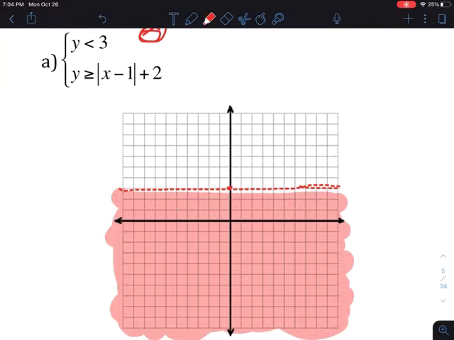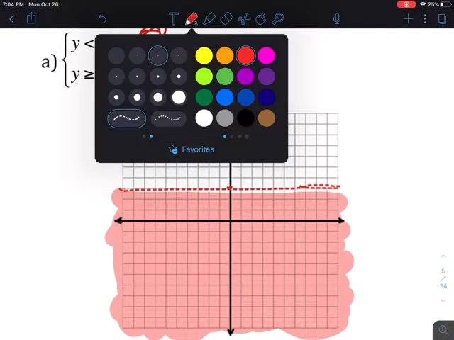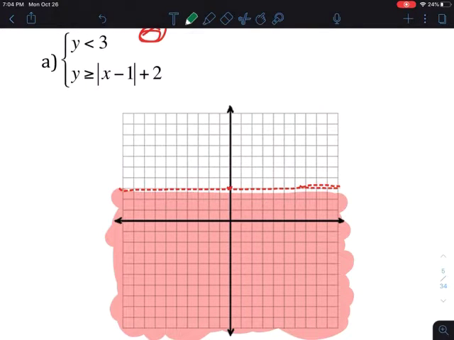Okay, so the next one I'll do in green. We got an absolute value. Remember that will form a V. So the h is 1 because h is opposite. The k is 2.